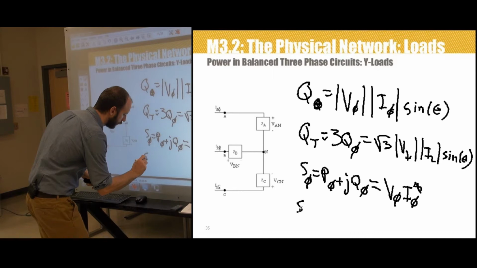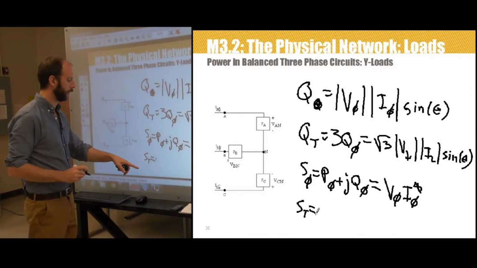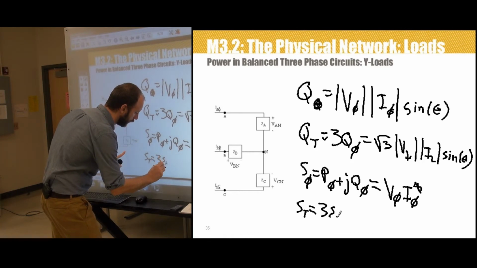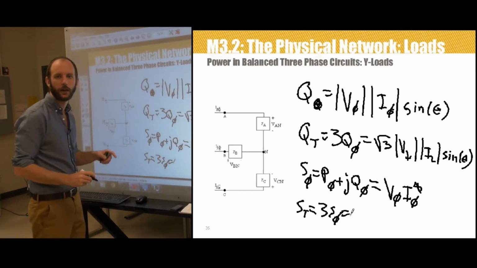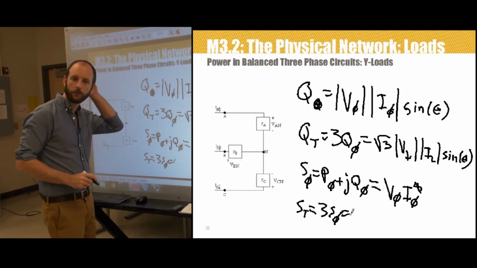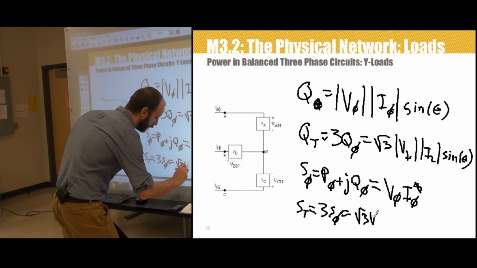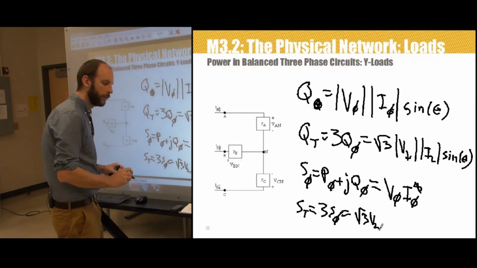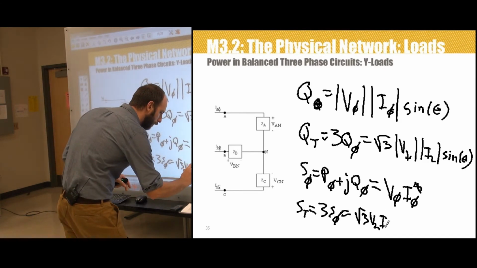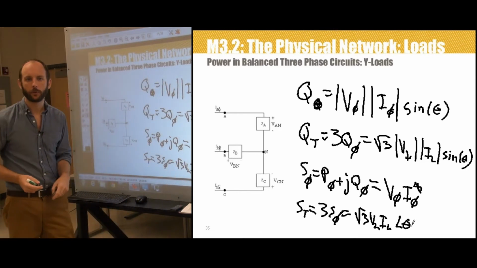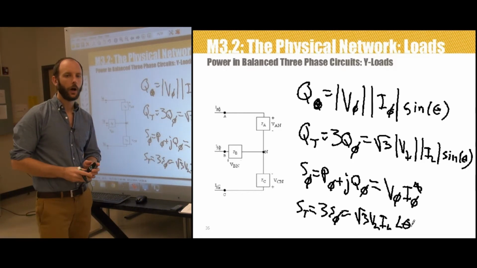And then we could come up with a total apparent power that's just 3 times S phase. And sometimes you'll see that written as radical 3 VL IL at an angle of theta. I've seen that formula sometimes in books.